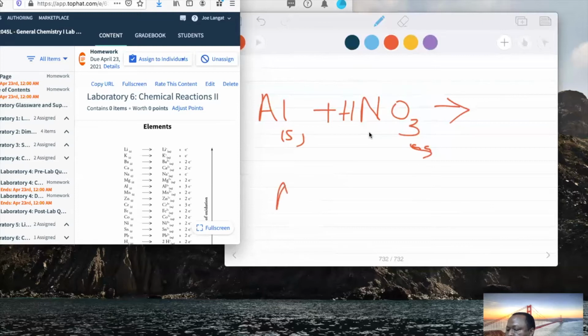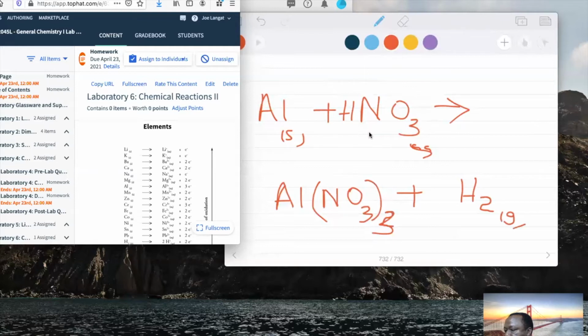This will form aluminum nitrate, and you use parentheses around the 3 when you are dealing with a polyatomic ion, plus hydrogen gas. This is gas, this is aqueous, and the equation has to be balanced.